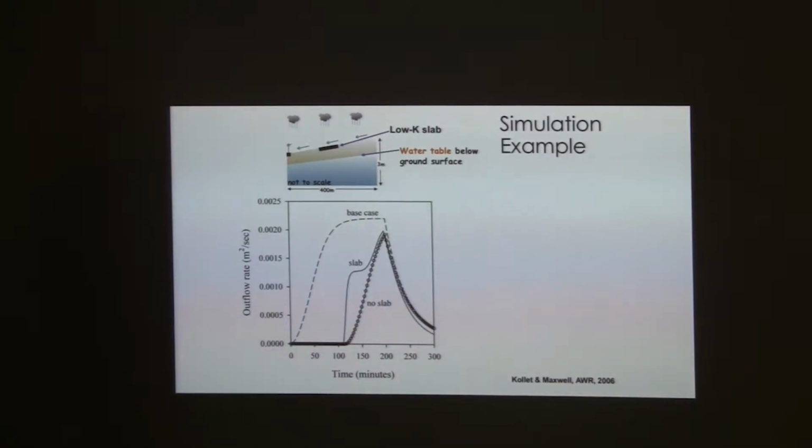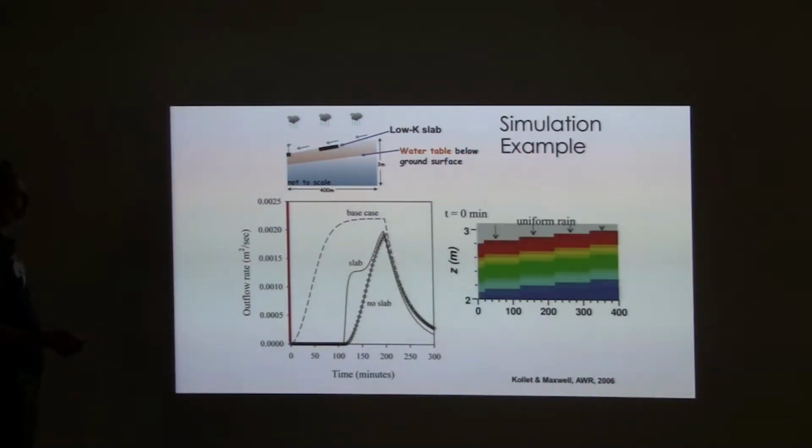We're going to have almost instantaneous runoff over this low K. Everywhere else, if we have super high K, we should have all infiltration. Now we can look at the outflow, and we can look at the outflow for an all concrete case. We can look at the outflow for a no slab case, and then we can think about what the difference is. And I'll walk us through this.